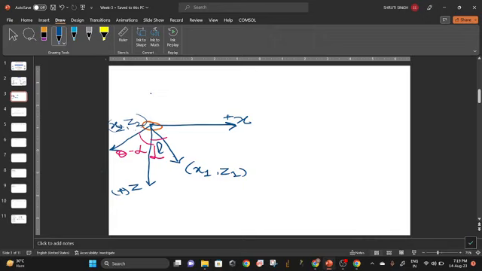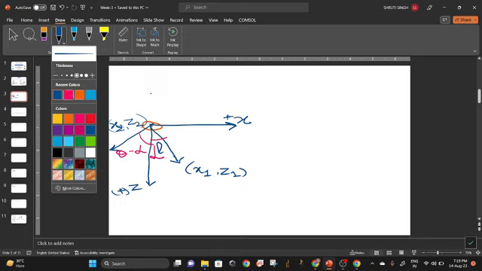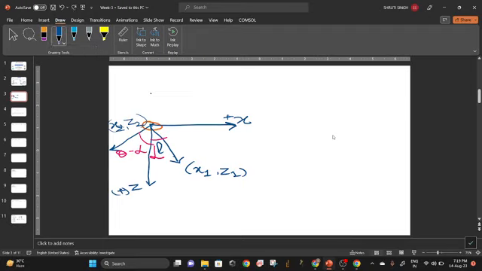Okay, let me try your way. Let's see if we reach the same answer or not. This is alpha minus theta. Now we have to write cos of this one.